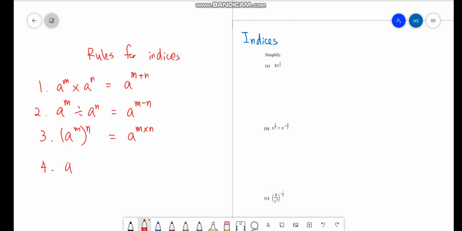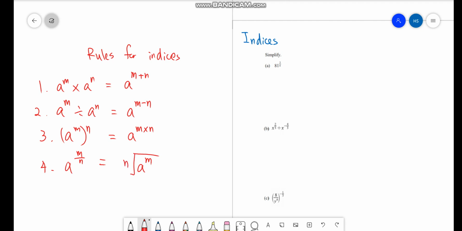Next thing is the fraction. Let's say I give you a power m over n. The number on top, m, becomes the power of the number, so a power m, and the denominator n will be the number of the root.